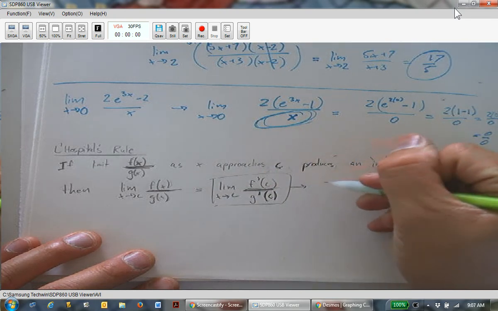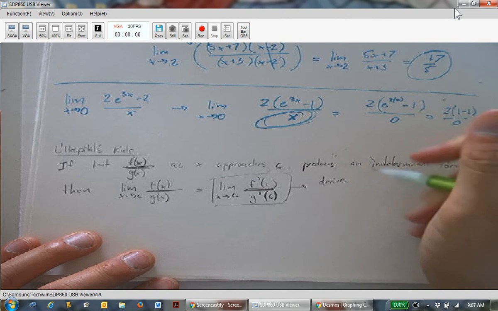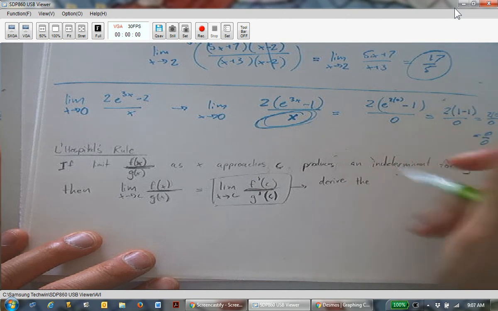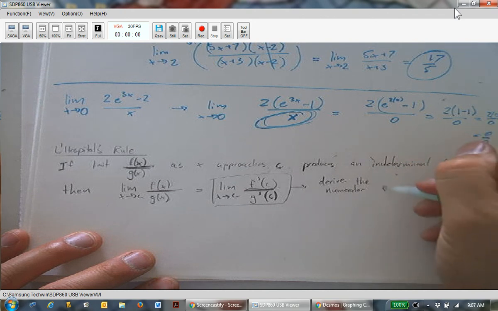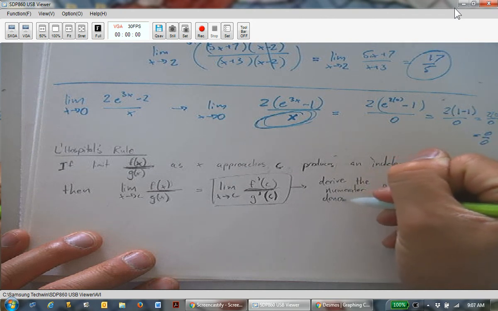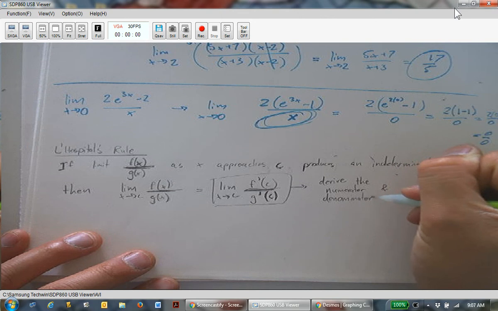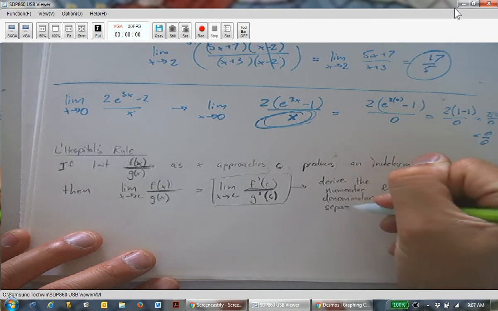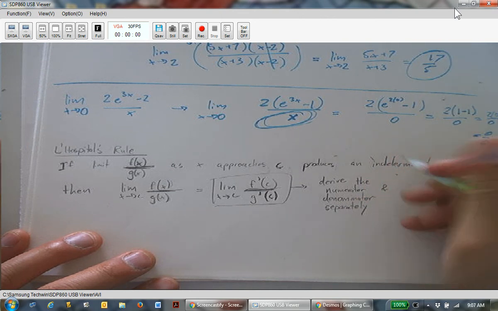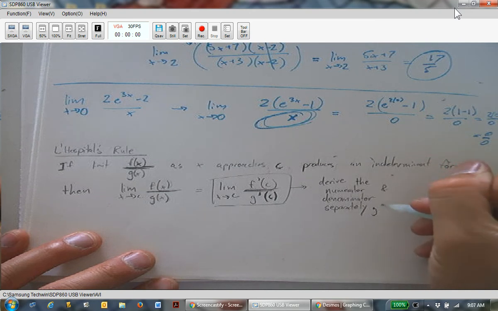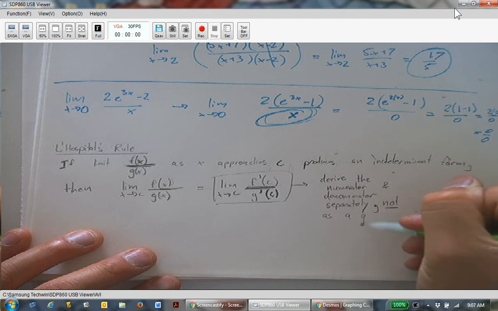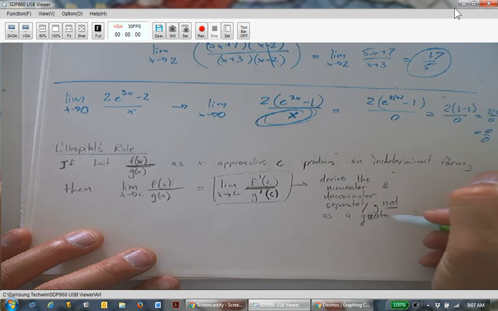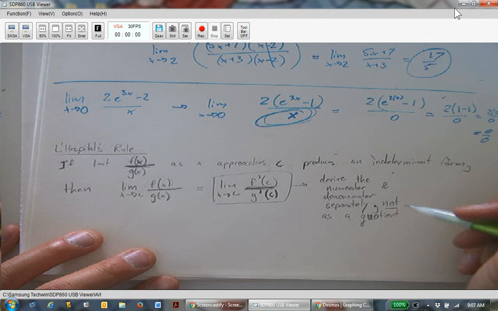Again, you derive the numerator and denominator separately, not as a quotient. So don't think back to the quotient rule, okay?